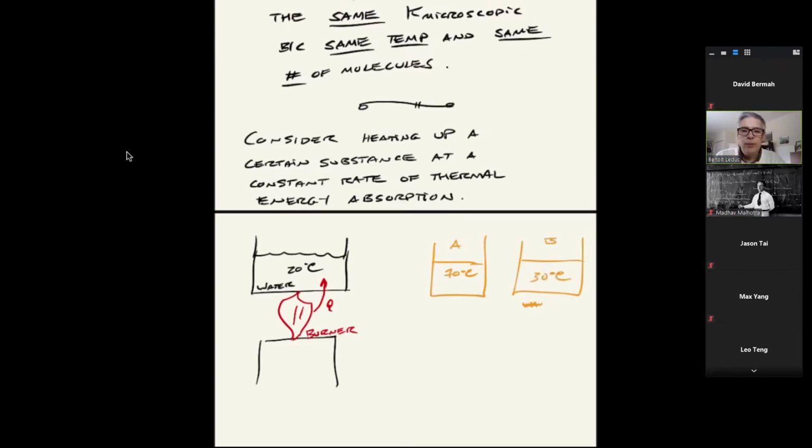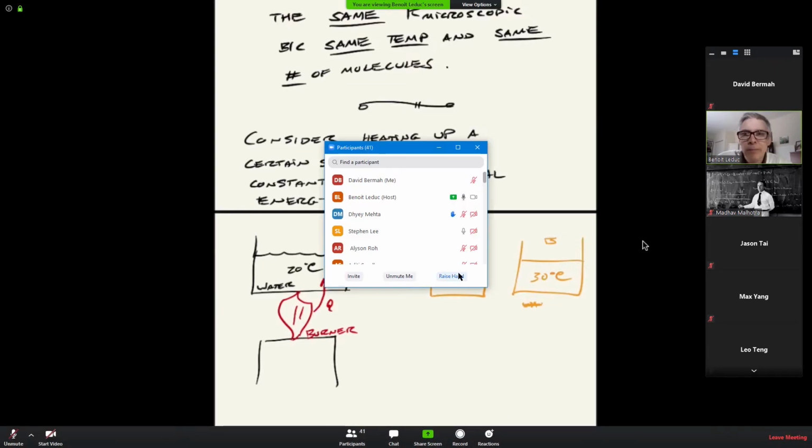Now, if I ask you, which one would have absorbed more thermal energy, A or B? Not really hard here. A, of course, right?